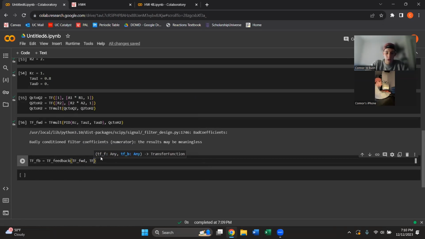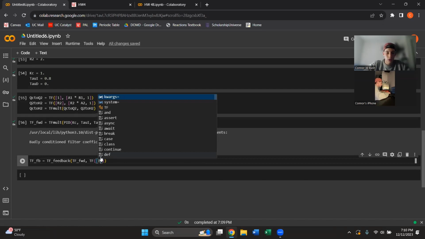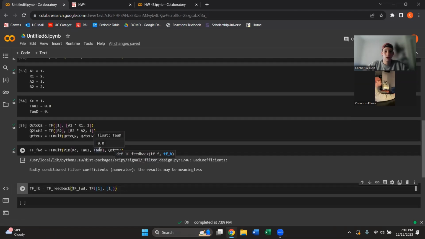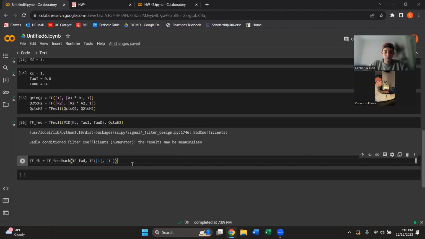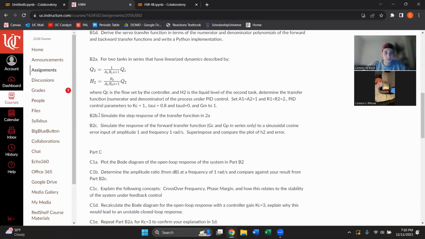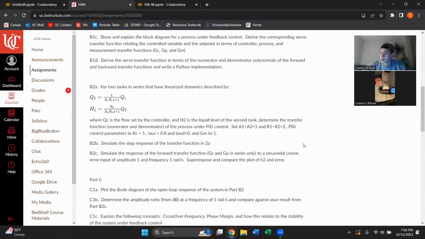And then our transfer function backwards is just 1 over 1 because that is our measurement device GM, and that is set to 1. So if we just do shift enter, this is our final transfer function with feedback control. So yeah, we'll dig into the step response and then this final part next.